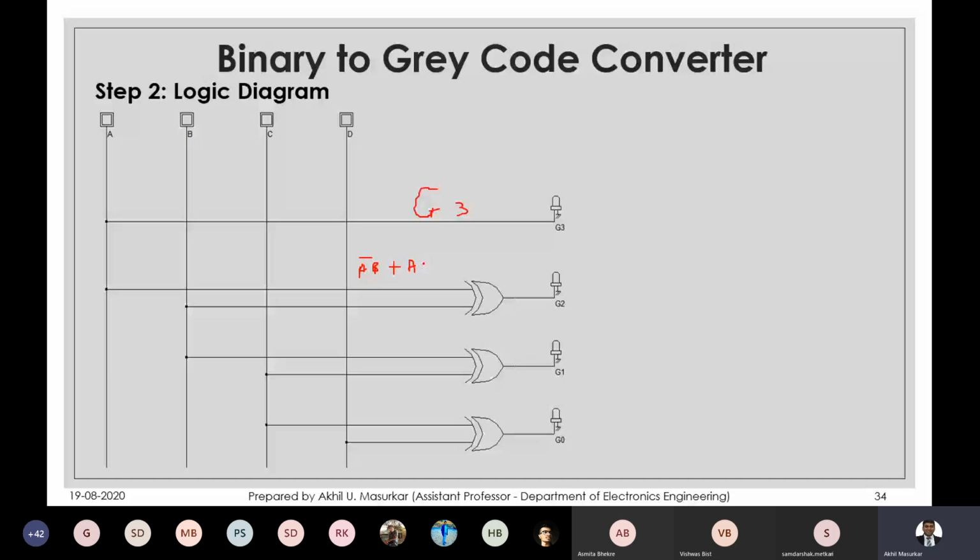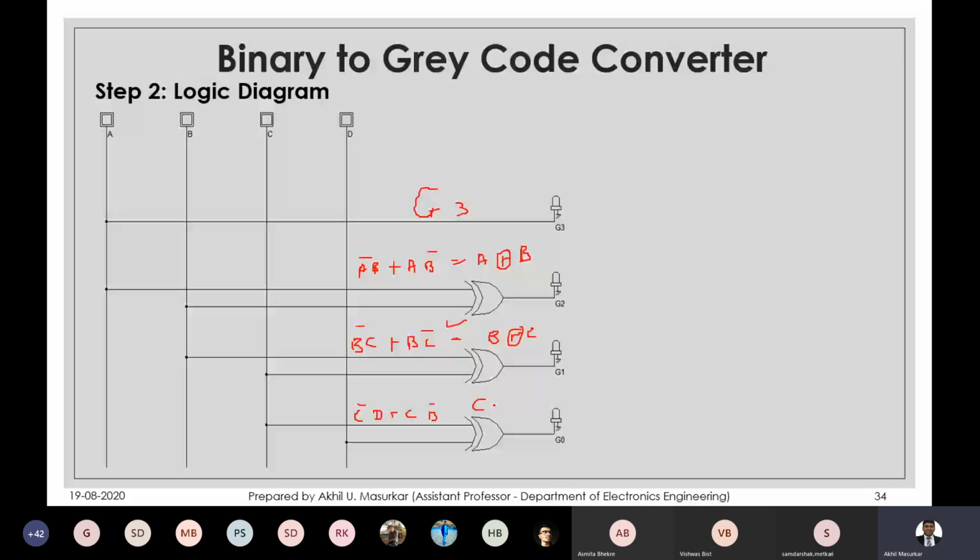Then here we had B bar C plus BC bar. That is why I'm using a B XOR C gate again. And here we have C bar D plus CD bar. That is why again I'm using an XOR gate here. So C XOR D. So that is my G3, G2, G1 and G0.